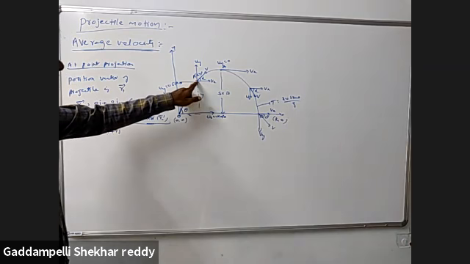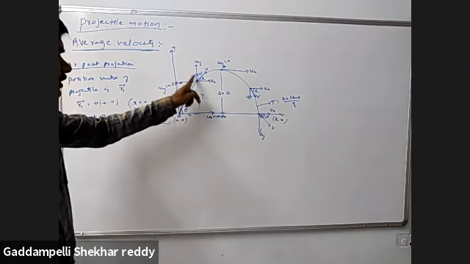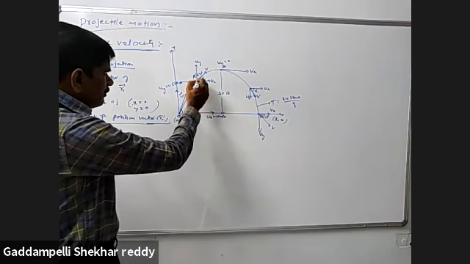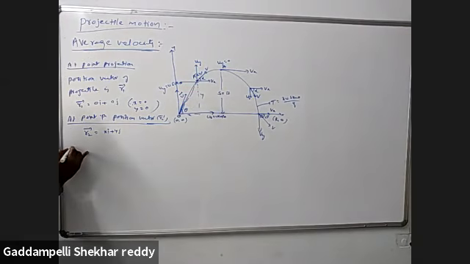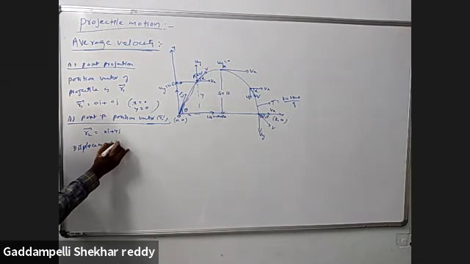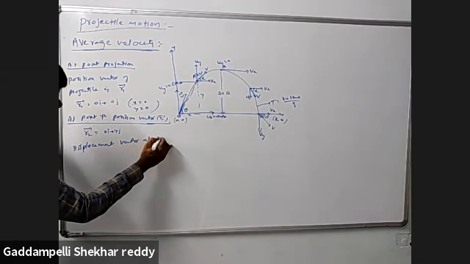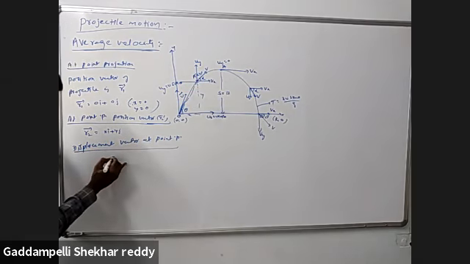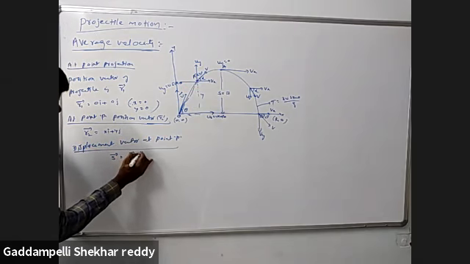After time t the particle reaches point P, traveling an x distance horizontally and a y distance vertically. So the displacement vector at point P, S bar, is equal to R2 bar minus R1 bar.